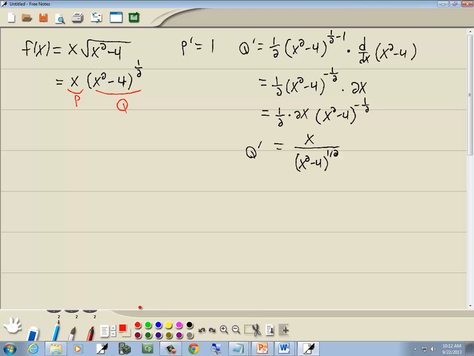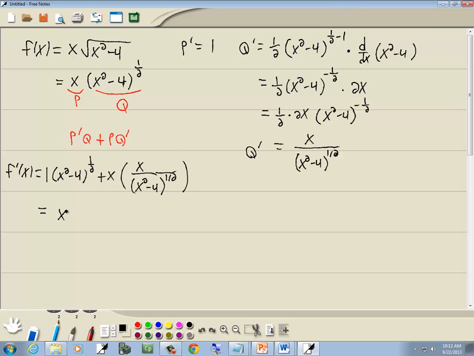Okay. Well, our formula is p prime q plus p q prime. So for our first derivative, p prime we said was 1 times q, which is x squared minus 4 to the 1/2 power, plus p, which is x, times q prime, which is x over x squared minus 4 to the positive 1/2 power.